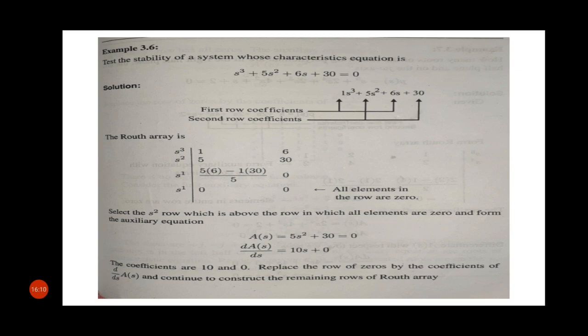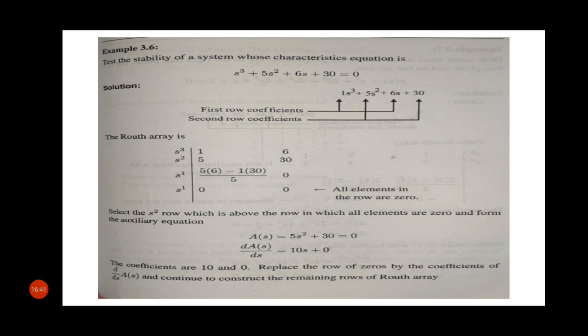So select the s square row, which is above the row in which all elements are 0, and form the auxiliary equation. Okay. So the auxiliary equation of this characteristic equation is A(s) equal to 5s square plus 30 equal to 0. Now we differentiate this auxiliary equation with respect to s. After differentiating, this equation is 10s plus 0.